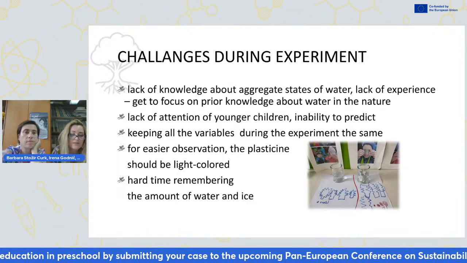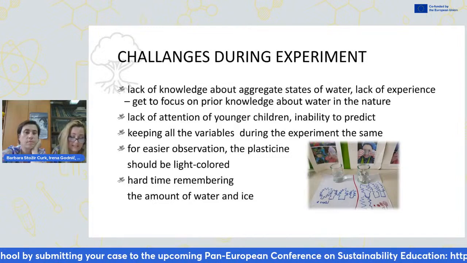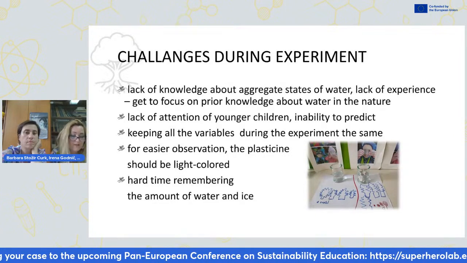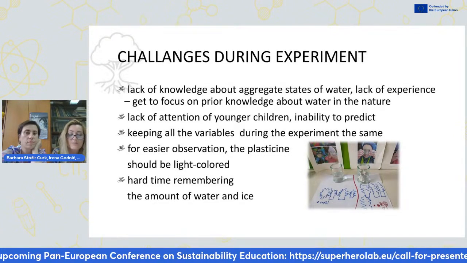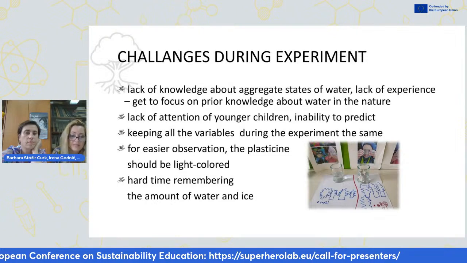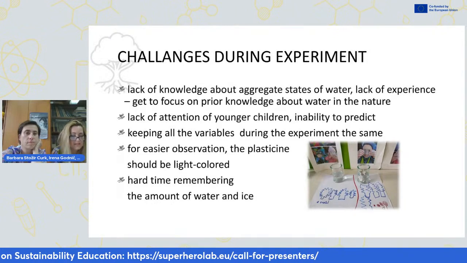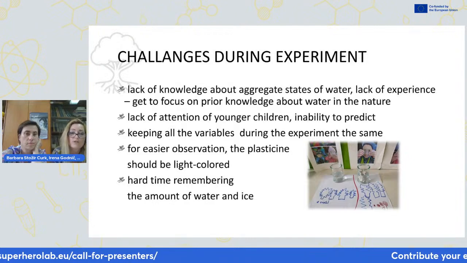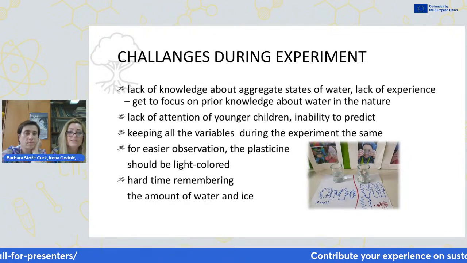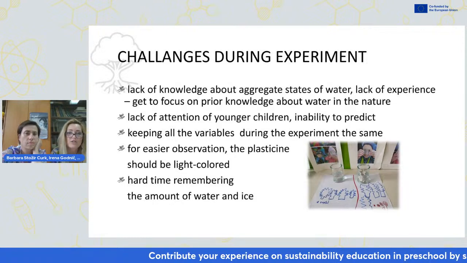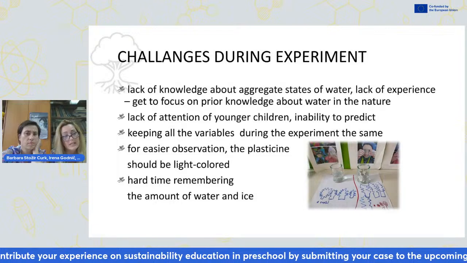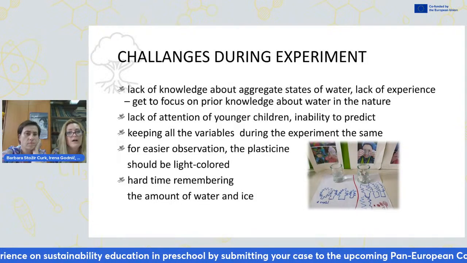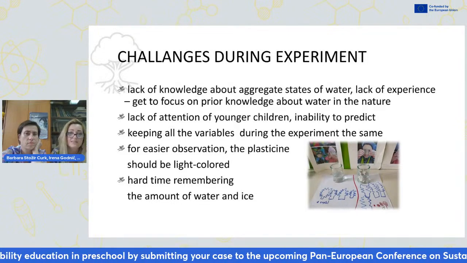So we performed the experiment several times, 6 times, primarily for the control result of the experiment and for better implementation. In this process, we faced lack of knowledge about aggregate states of water, lack of experience, so they get to focus on prior knowledge about water in nature, lack of attention of younger children, inability to predict, keeping all the variables during the experiment the same.